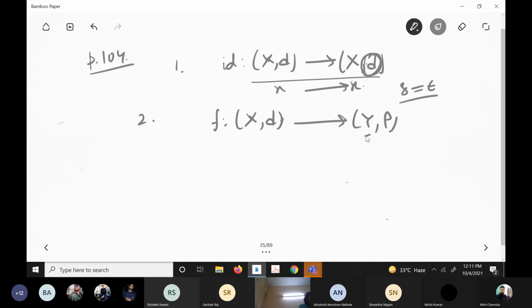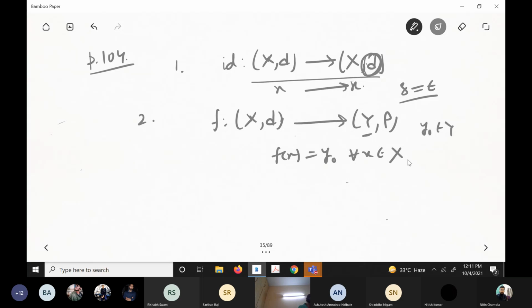Constant function means you pick up a point y naught, and suppose f(x) equals y naught for all x belongs to X. This is called the constant function. As you did in the real case, it should be continuous.